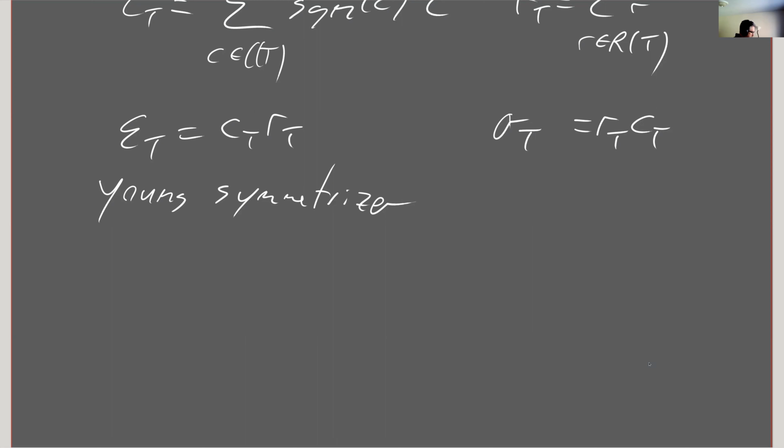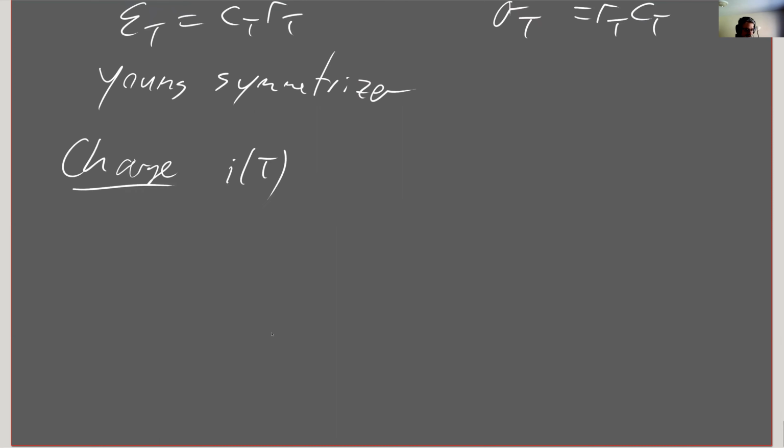Okay, so the next thing we need is the charge. And so in the interest of time, I'm just going to write down the charge. I don't really know what people know and don't know about these things. So I'm just going to say the charge is a vector of length n.